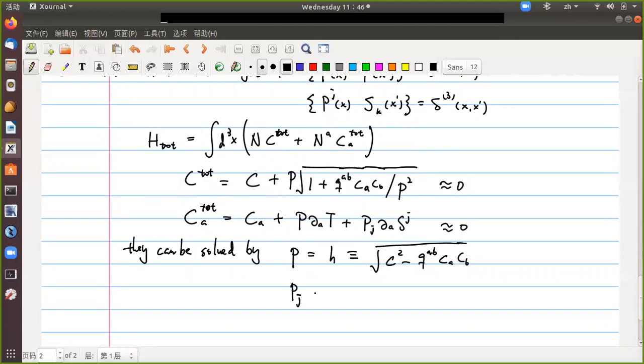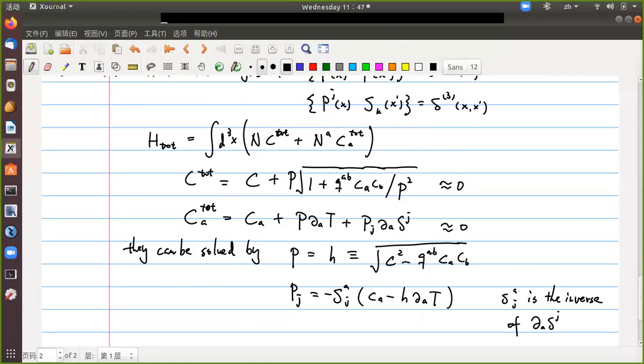And similarly, you can solve for Pj from the diffeomorphism constraint, giving minus S^a_j times the constraint. And what is this S^a_j? It is the inverse matrix of partial_A S^j.